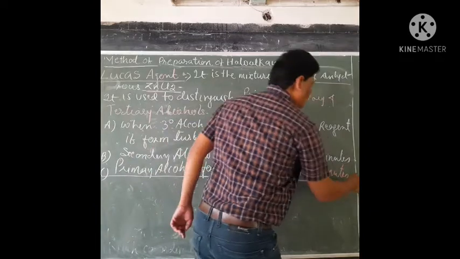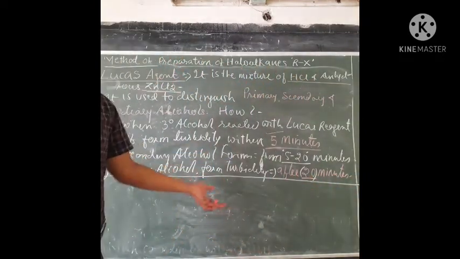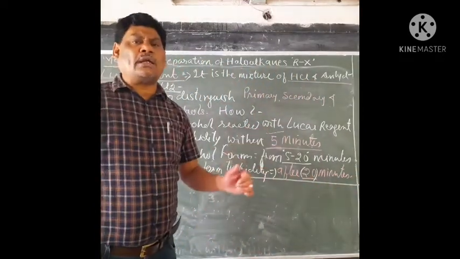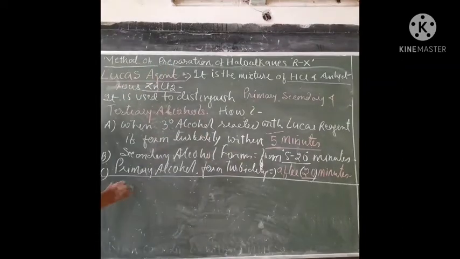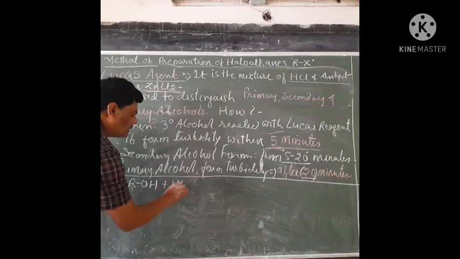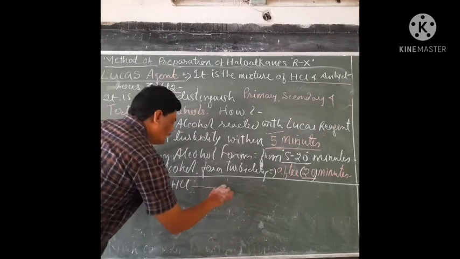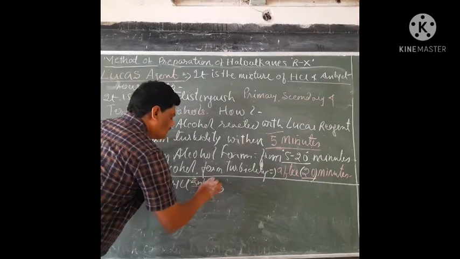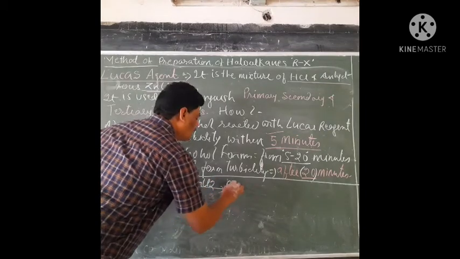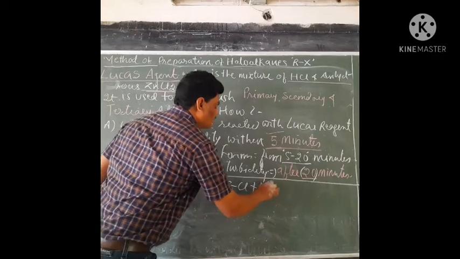Now, student, compound to compound, that is, which type of haloalkane we have to prepare. Like suppose we have to prepare what? Chloroalkane. Then ROH should be treated with what? HCl in the presence of what? ZnCl2, where it will form RCl plus H2O.